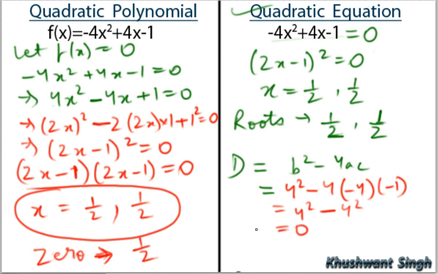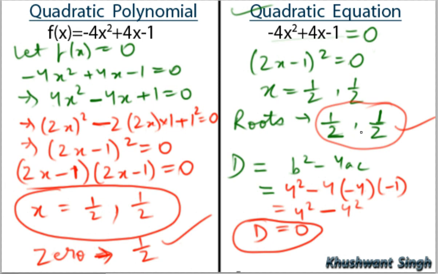So D is equal to 0. Now when D is equal to 0, you will get two roots, and both the roots will be same common, and you will get just one zero.